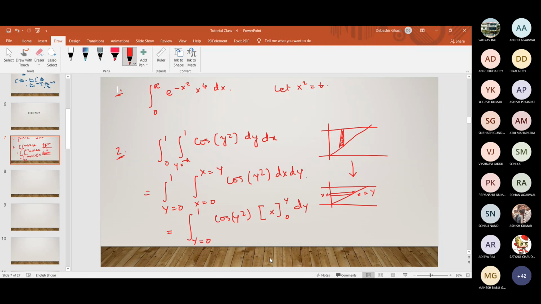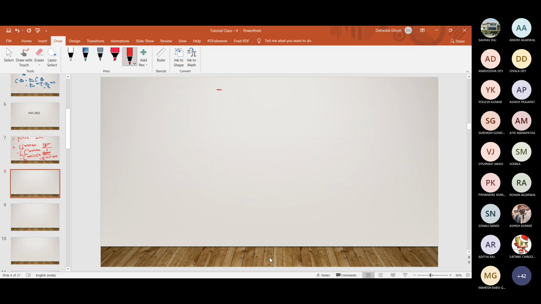Then it comes to 0 to 1, you have this is your y, so we can take half cos y square d of y square. It comes to half sine y square, limit 0 to 1. This comes to sine 1, that is 1 by 2 sine 1. That will be the answer.